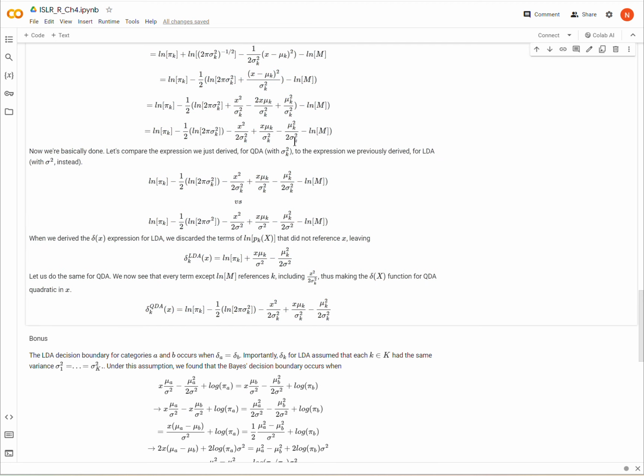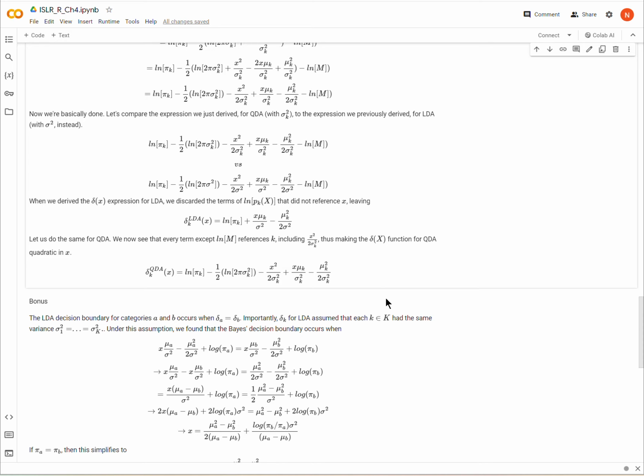The only difference is that now our sigmas have a k on there. So now we follow that same rule. Whenever we have a k, we keep that term in our final delta function for QDA. And so then that turns into this, as opposed to this for linear discriminant analysis.